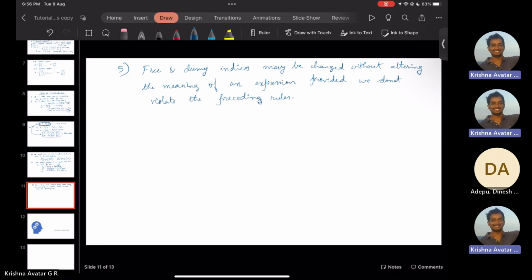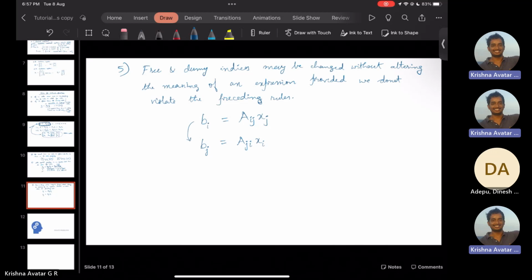Just as a demonstration, let's start with our first example here, which is b_i is equal to a_ij x_j. As per this rule, we can change I to j and j to I. So let's write b_j is equal to a_ji x_i. Now you'll see that this statement is equivalent.